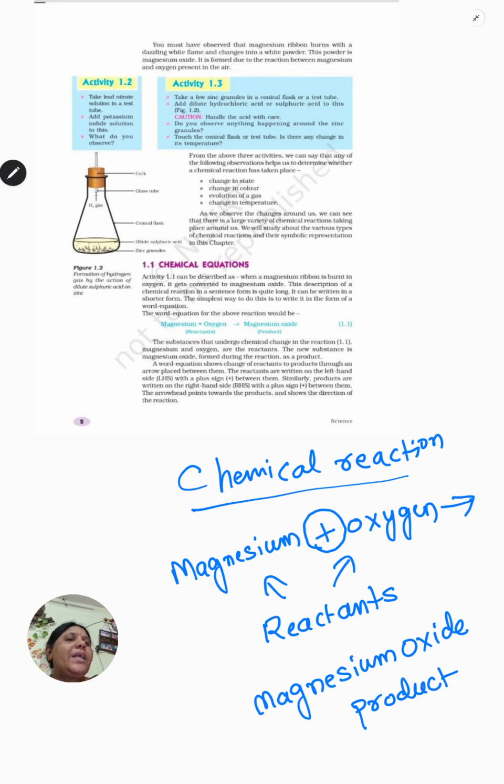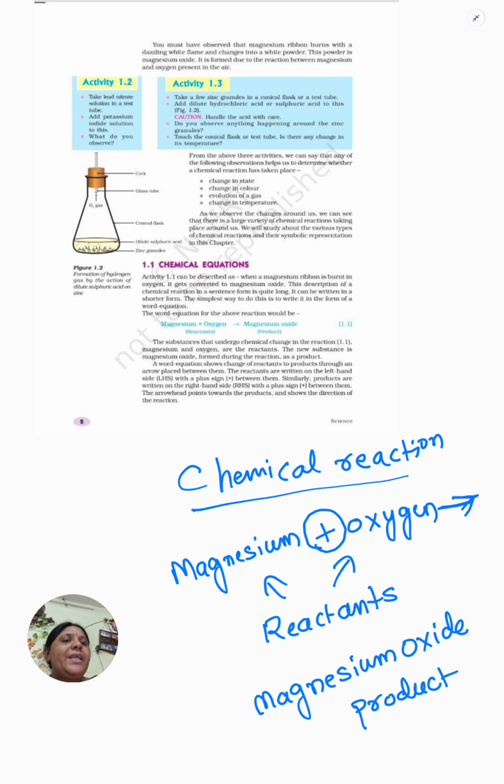The products that come out are written on the right side. So the LHS part is all about the reactants, and the RHS part is the products that are developed after the chemical reaction. They are written on the right hand side, right?